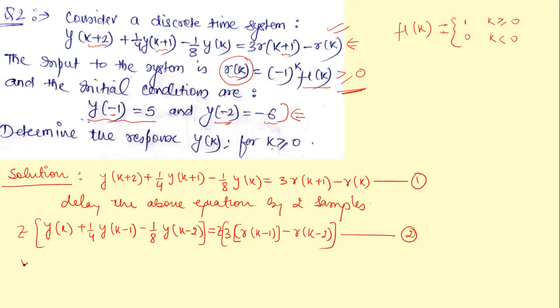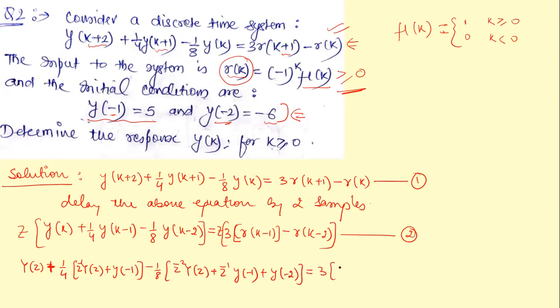So the z transform will give us Y(z) plus 1 by 4 [z inverse Y(z) plus y(-1)] minus 1 by 8 [z inverse 2 Y(z) plus z inverse 1 y(-1) plus y(-2)] is equal to 3 [z inverse 1 R(z) plus r(-1)], right?